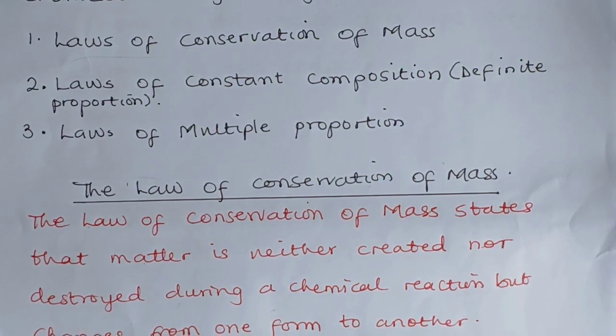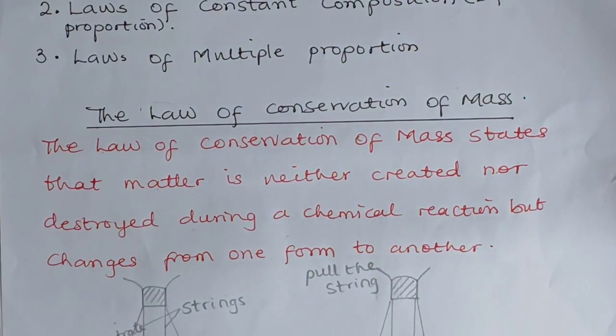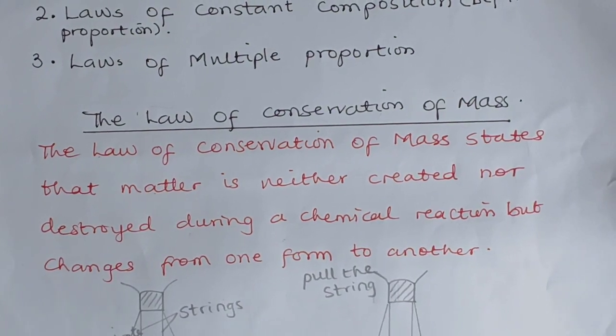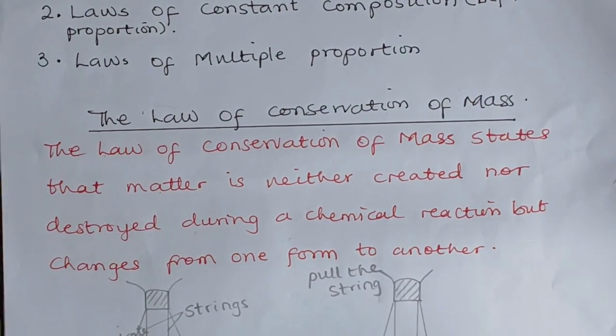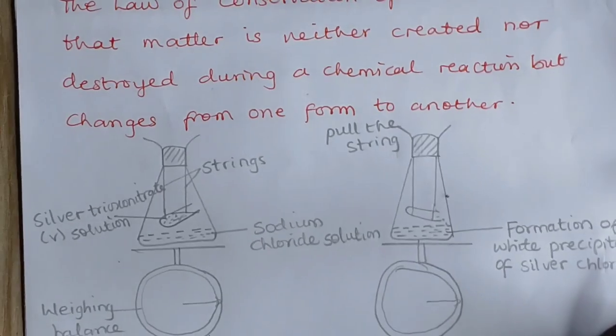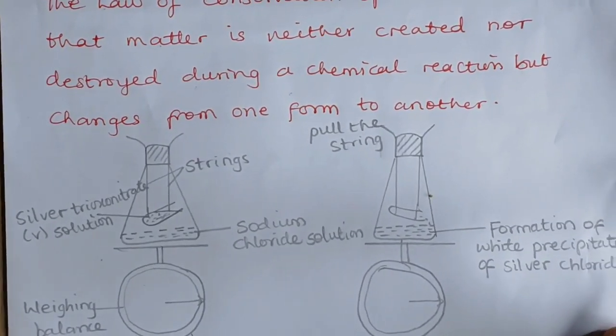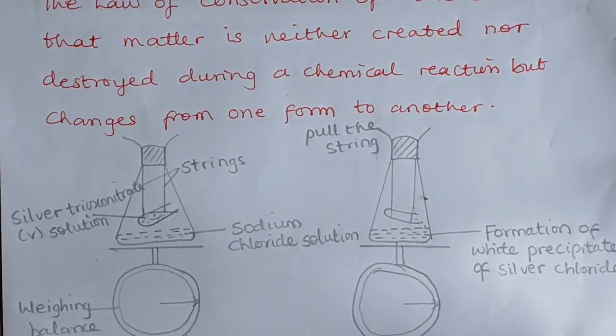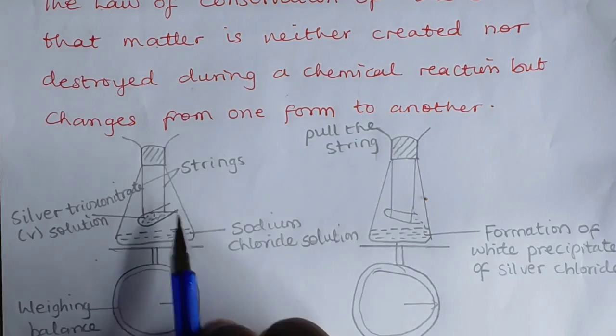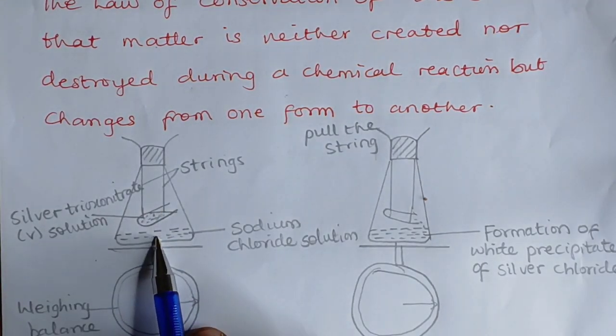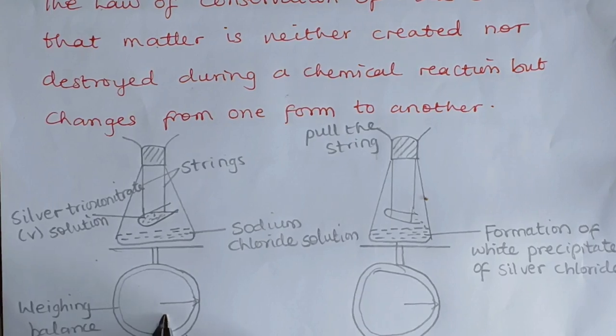Now, this law can be described using an experiment, which is represented with a diagram here. You can see here that this is a test tube inside a conical flask, and 2 reactants will react together. This is a weighing balance.